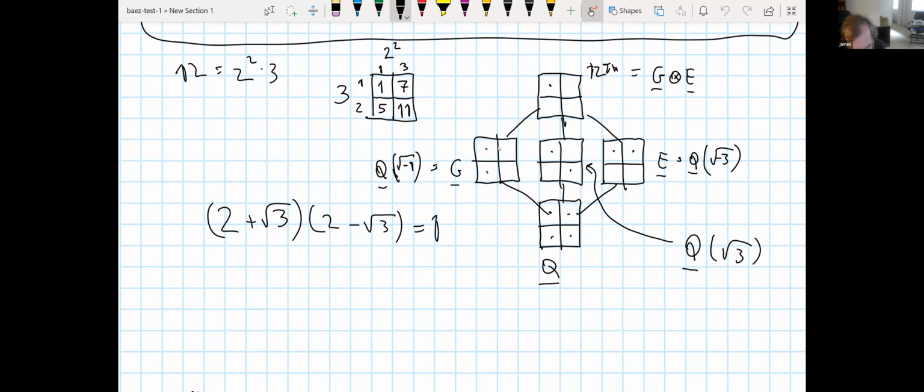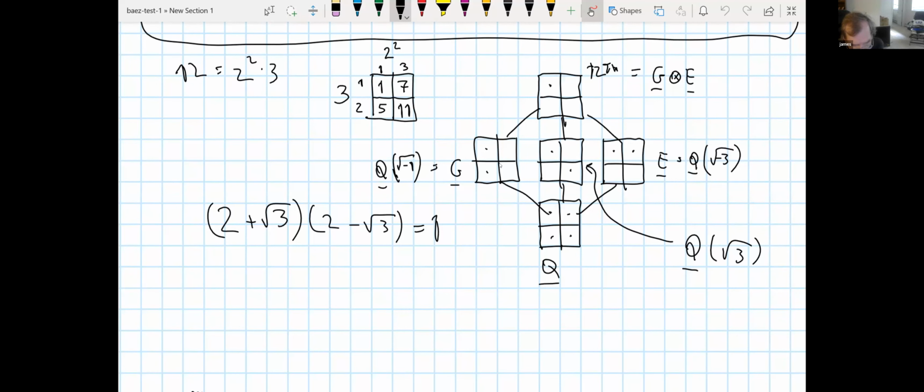Everything here is periodic with period 12. You never have to get worse than period 12 when you're understanding the splitting patterns here.